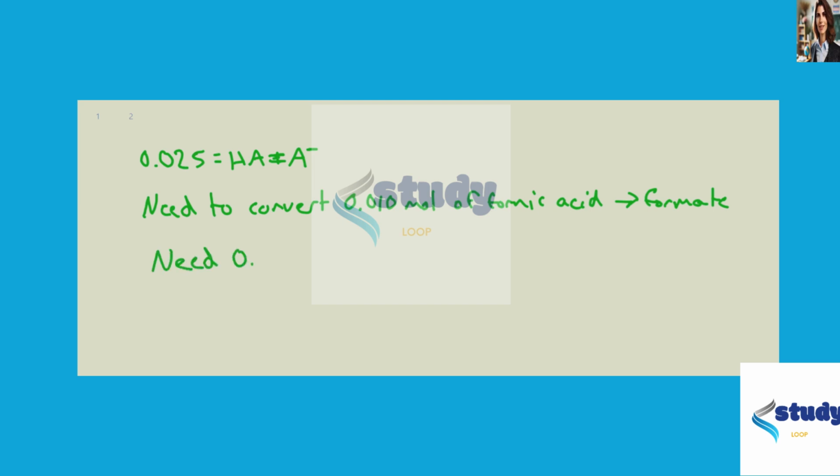So we need to convert 0.01 moles of formic acid, the acid, to the base, formate. Since we need 0.01 moles, and it's a 1-to-1 ratio, we need 0.01 moles of NaOH. So the question is, what is the mass that we need?